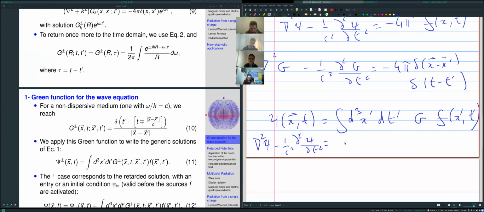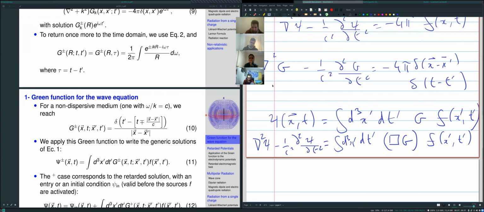And this is acting on the x's and on the t, so not on x prime and not on t prime. So it goes inside the integral here, and we have this same D'Alembertian operator acting on g. This source term is left untouched because it depends on the other variables.